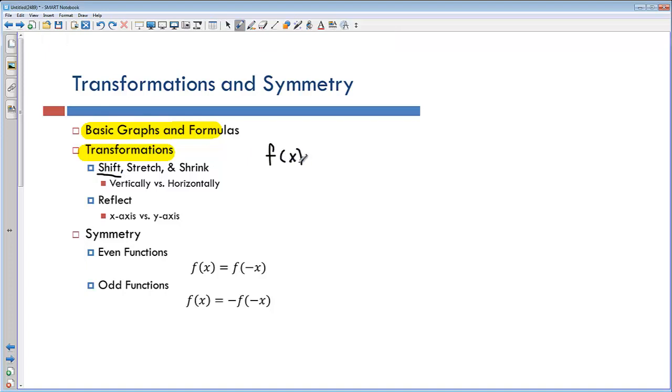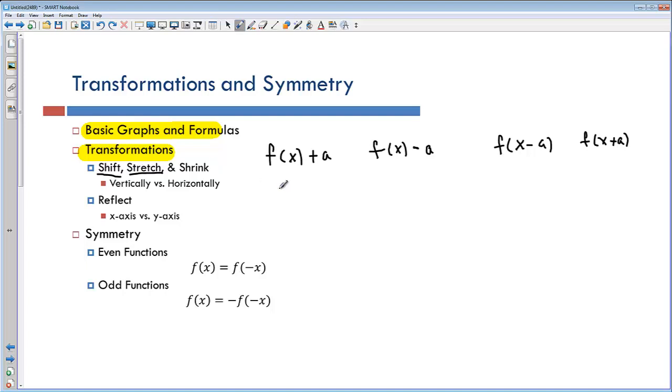A vertical shift up by A looks like this. A vertical shift down by A looks like this. Then we talked about stretches. Oh, and then horizontal shifts. A horizontal shift to the right is the opposite of what you think, so it looks like this. The horizontal shift to the left looks like that.